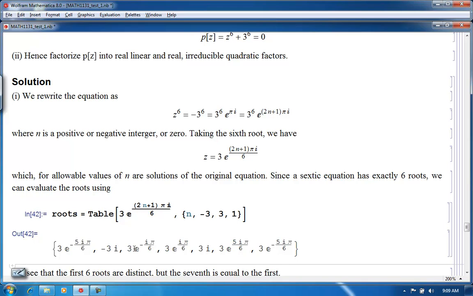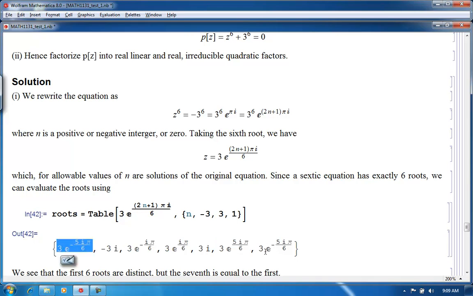and we can see that they don't repeat themselves, and this is in the principal range, as is this, as is this. This one here is also, and is the complex conjugate of this one. This one is in the principal range and is the conjugate of this one, and this one here is also in the principal range and is the conjugate of this one.